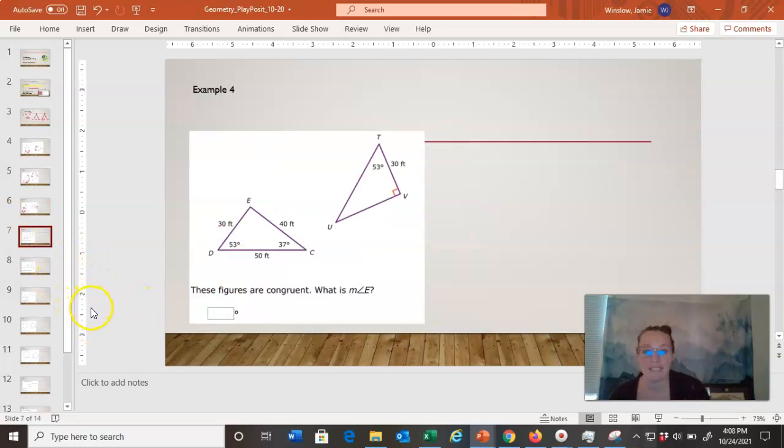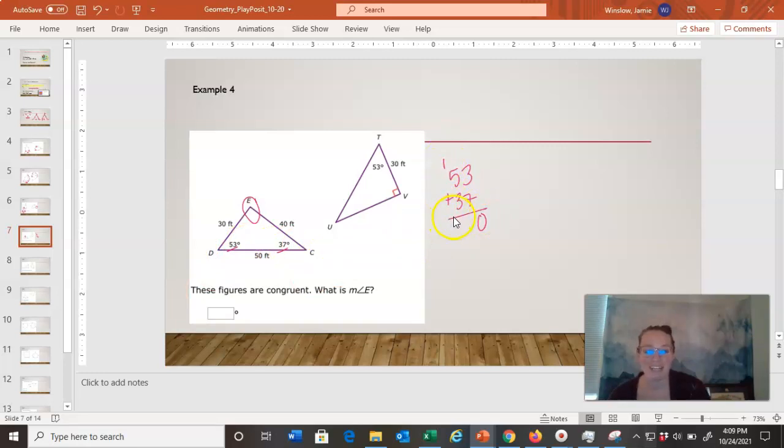Example 4, same idea. Let's find the measure of angle E. Here's angle E. Ooh, this one we do have two angles, so we could use the triangle sum theorem. Let's try it. So 53 plus 37, right? These two angles add up to, old school addition here.